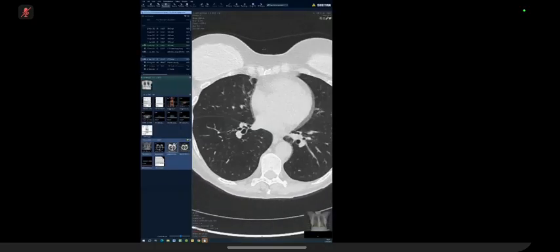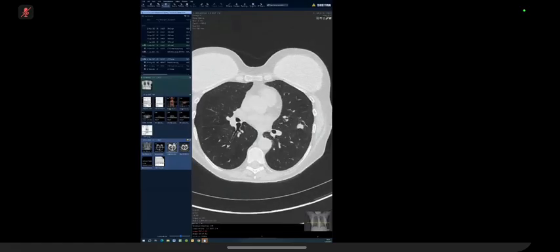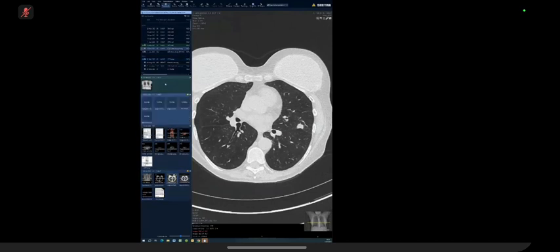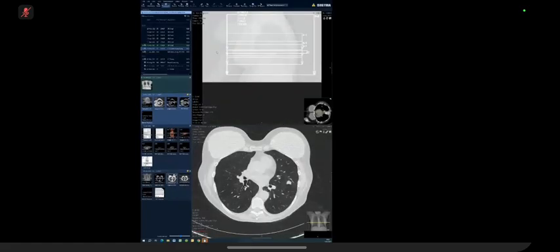So if it's an isolated abnormality, what do you want to do to it? I want to biopsy it because the patient's symptomatic and we don't have a definitive diagnosis.